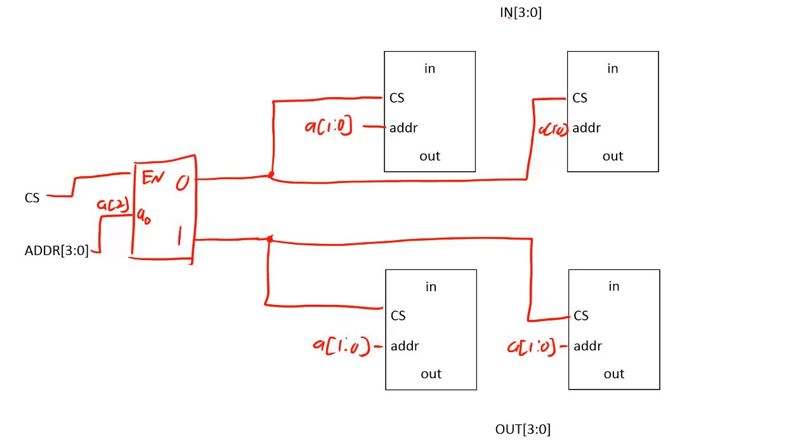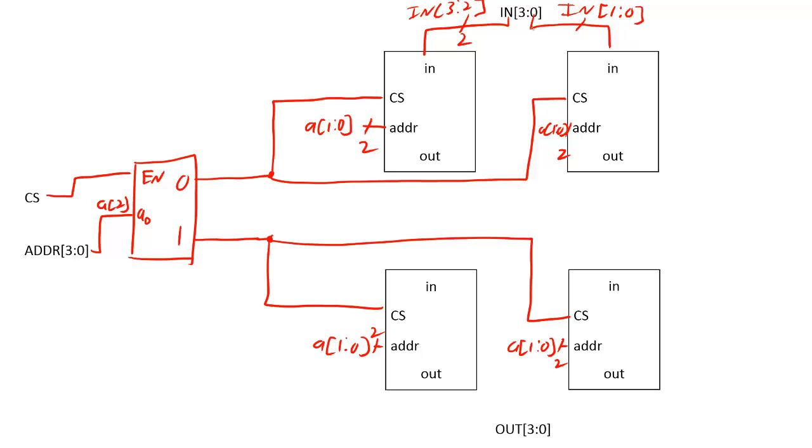So I'm going to split it into 2 bits each. I should scratch all these. This has 2 bits on that wire, 2 bits on that wire. This is going to be in 3 down to 2, and then this is going to be in 1 down to 0.